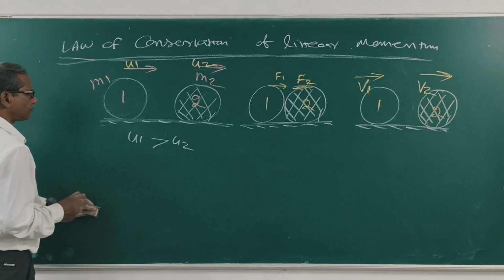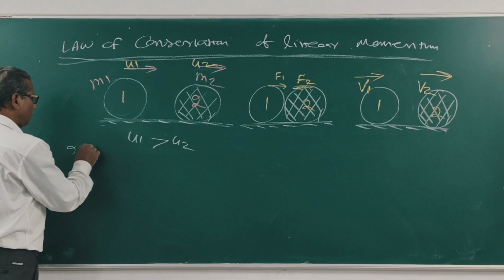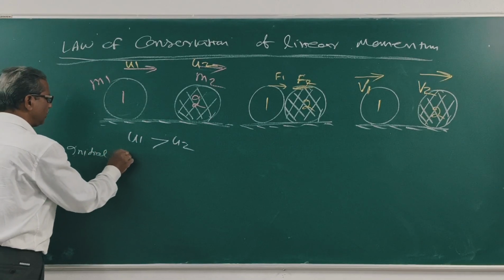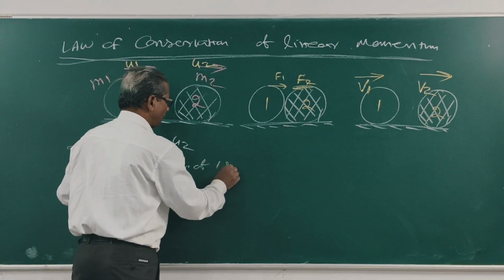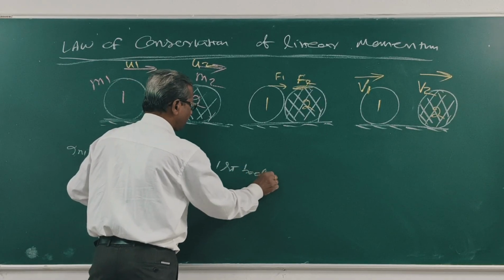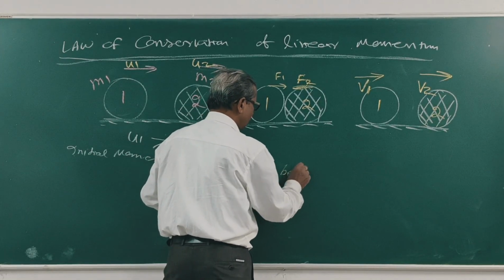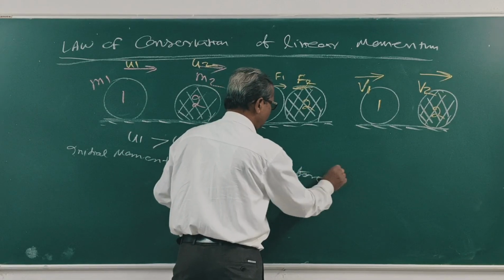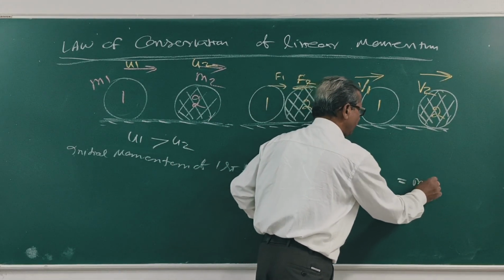So the initial momentum of the first body before collision is m1 u1.